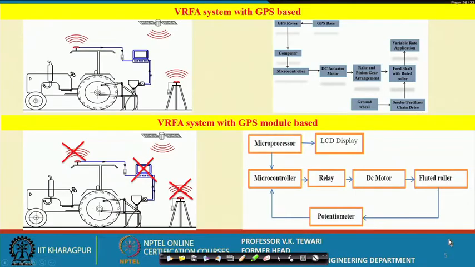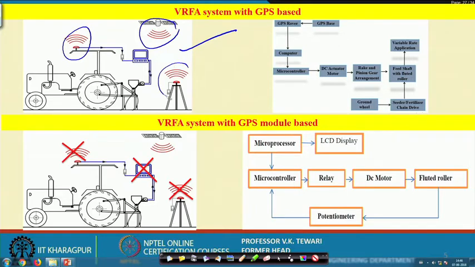Now, if you see this particular slide, here is the earlier VRFA system, where we had the satellite information from here. This is the rover GPS, then this is the base GPS at the base of the location where we are working. This system is then connected with the fertilizer applicator system. You can see here the furrows and all that connected to the 3-point linkage of the tractor.